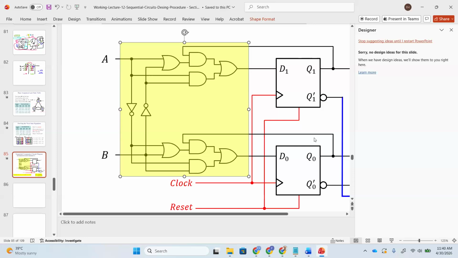These are the general concepts. Any question? Is this clear or not clear? Clear. Okay.